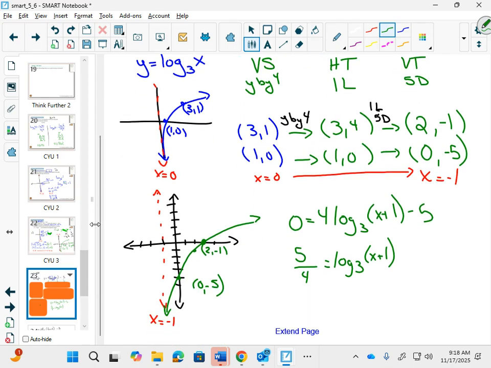Once you have a log by itself, you can change it to exponential form. The base is 3. The exponent would be 5/4 equals x plus 1, and so my x-intercept on this one is 3 to the 5/4 minus 1, 0.